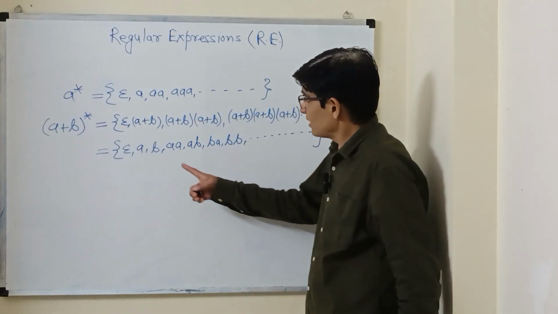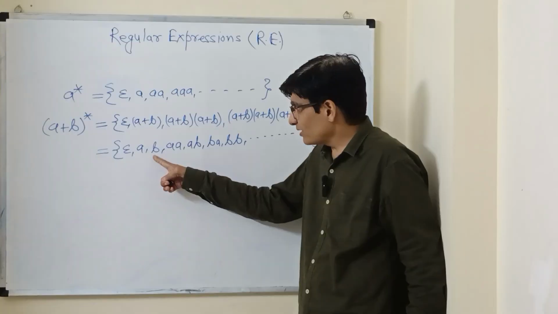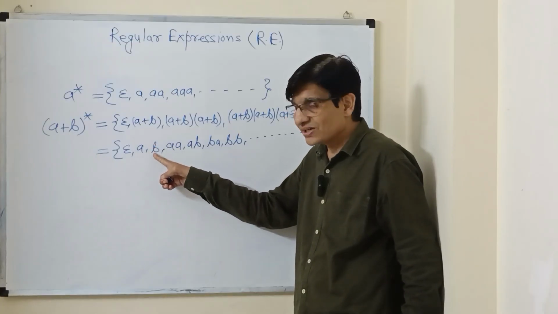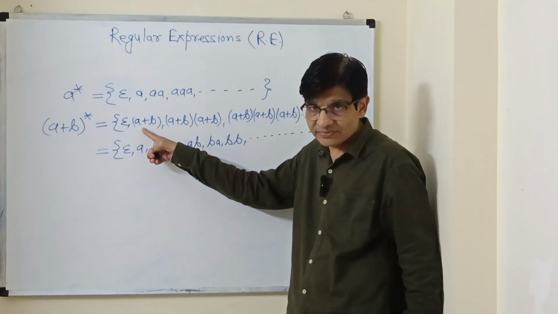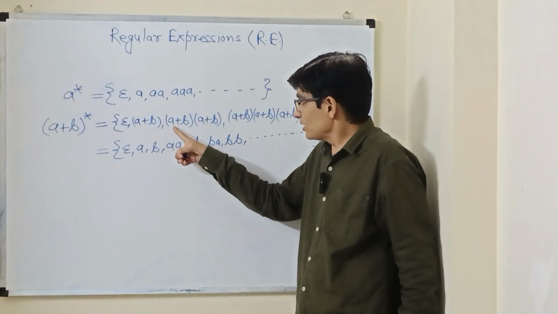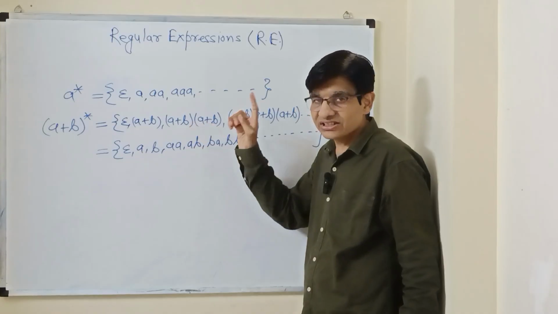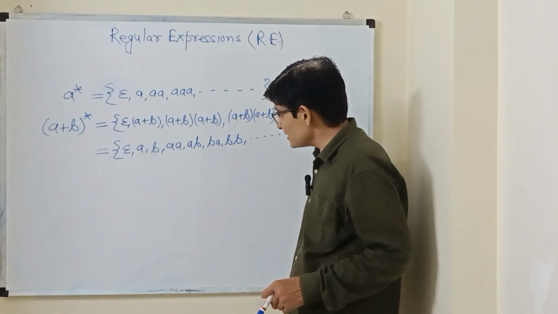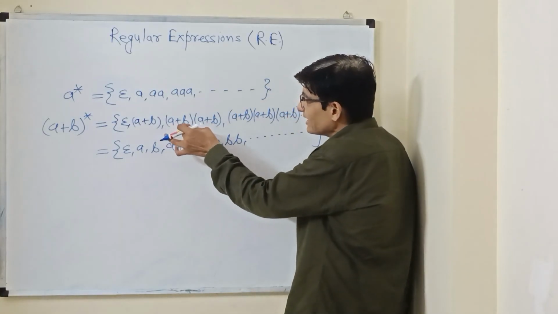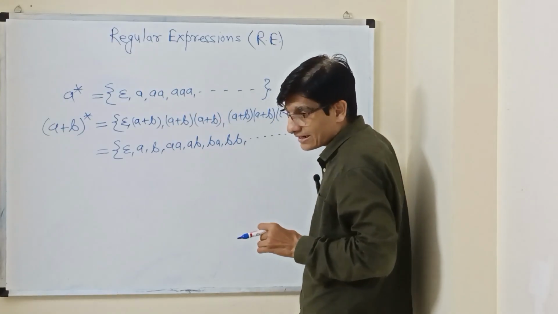That means 2 to the power 1 number of strings for one occurrence of A plus B, and 2 to the power 2 number of strings for two occurrences of A plus B. That means all possible combinations for these two we are creating.